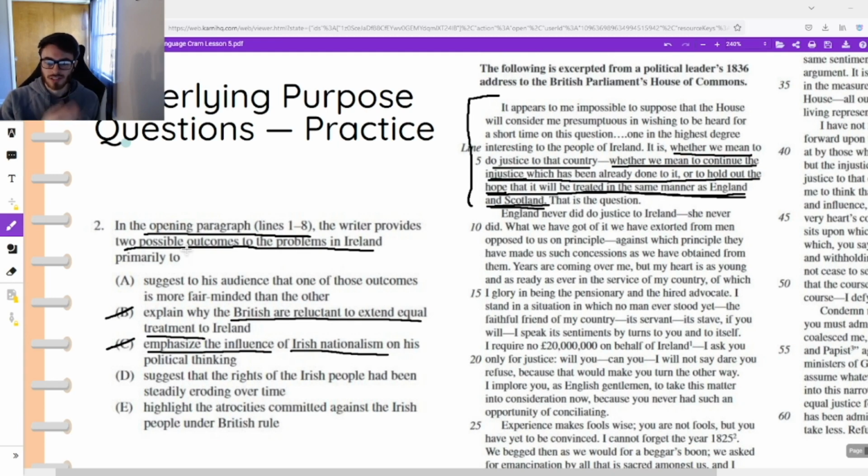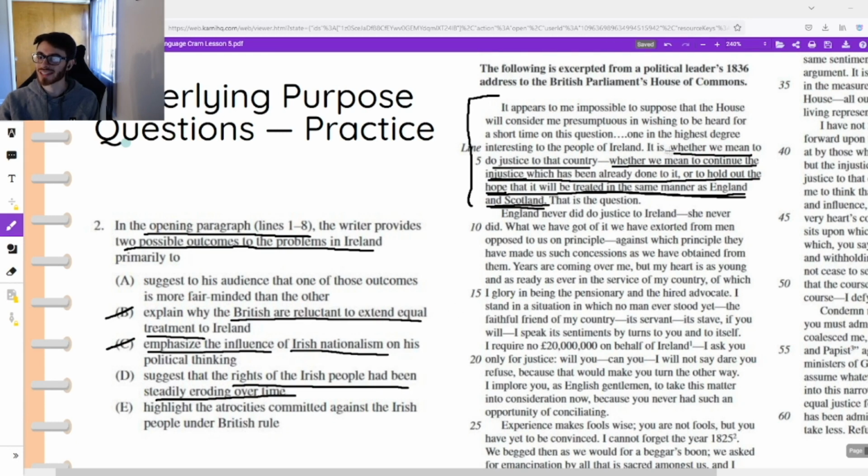D, the writer provides two possible outcomes to the problems in Ireland, primarily to suggest that the rights of the Irish people had been steadily eroding over time. Again, close, right? This could be a partially correct answer here. Yeah, he does think that the rights of the Irish people have been eroding.